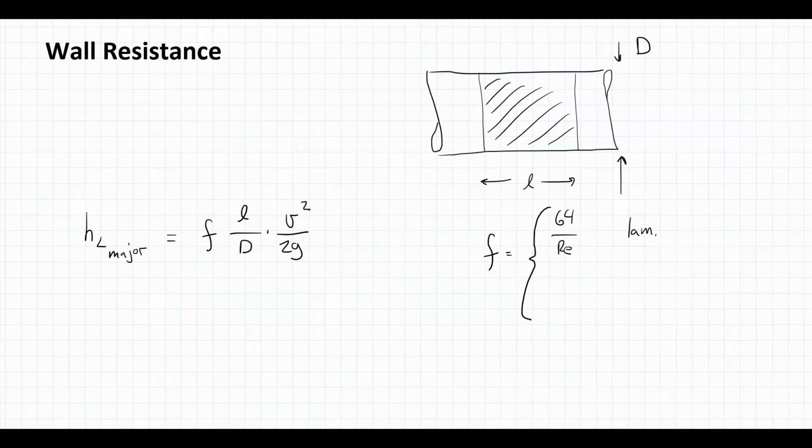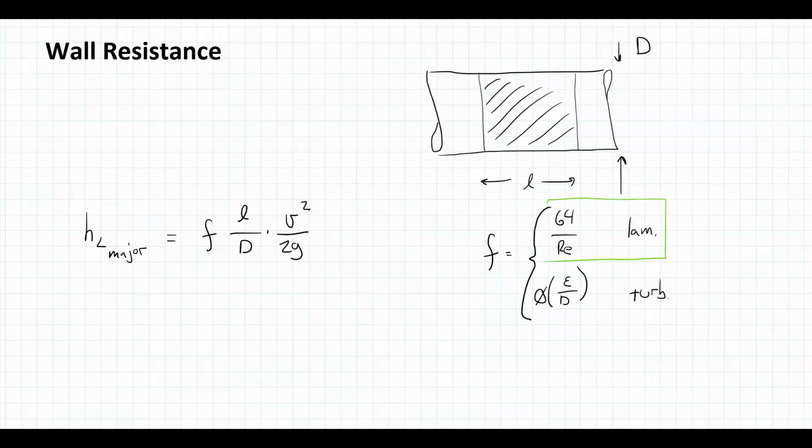And if we have flow that's turbulent, then it's a different calculation. In that case, we are going to have to look it up in the Moody chart, and it's going to be dependent on different factors. So the Moody chart would give you the f if it was turbulent. The one we are interested in, though, is for the laminar flow. Again, that's why this derivation will only be good for pipes with laminar flow in them.